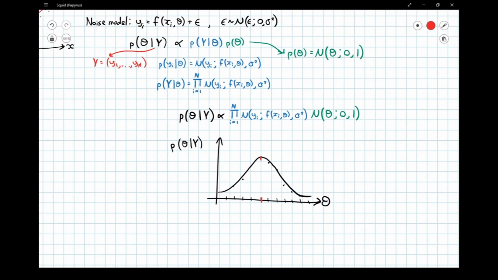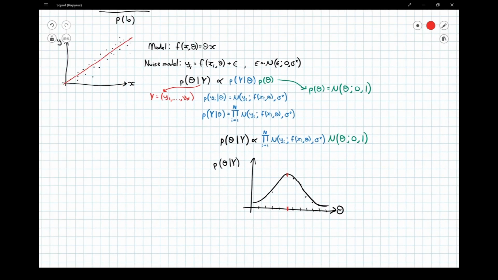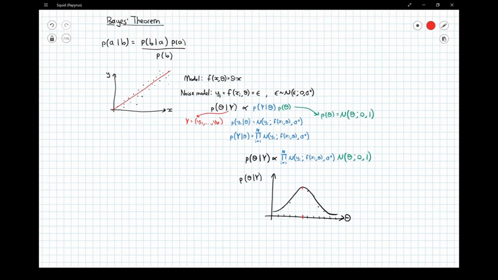When these expressions, especially for the likelihood, are intractable, there's still other tricks we can play. There are sampling tricks we can play to try and get samples from this distribution, probability of theta given y. But that's basically it for an introduction.